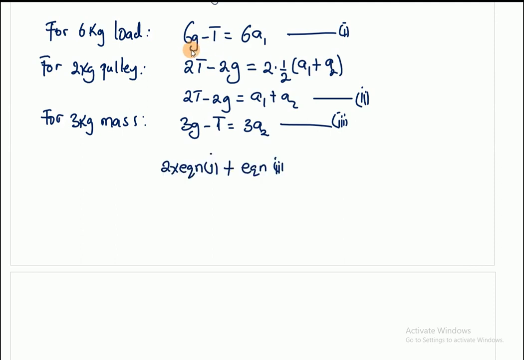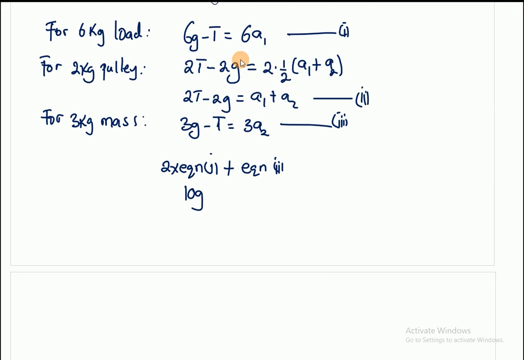We have 2 times equation 1 plus equation 2. That can enable us to eliminate the value of T. So 2 times this one, that is 12, plus this one, that one is 10g. So you have 10g on the left hand side, because when it comes to T, you have a negative 2T and a 2T, which is positive.